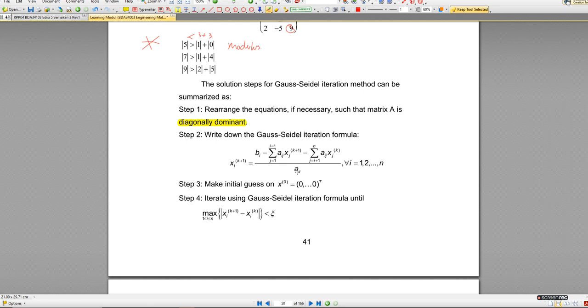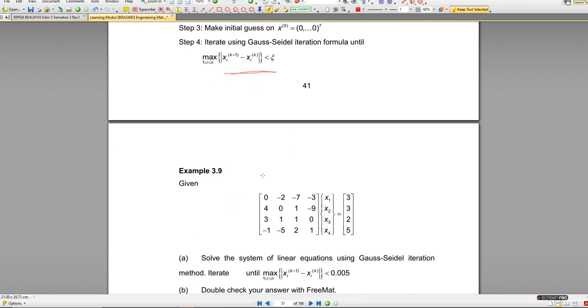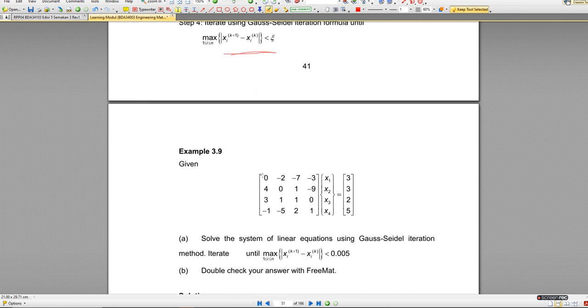B is matrix B, A is matrix A, and then you have to subtract the other elements. Step 3, make the initial guess and iterate using the Gauss-Seidel iteration formula until maximum, this one the condition that is given during the test or final or assessment. This is considered the convergence criterion. Okay, we proceed to example 3.9.